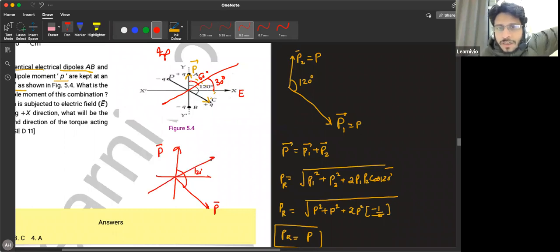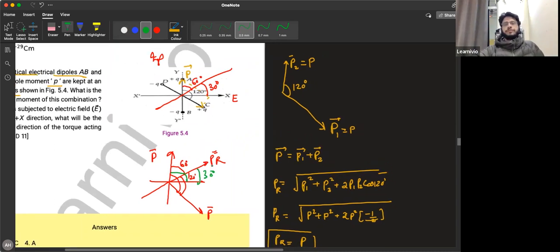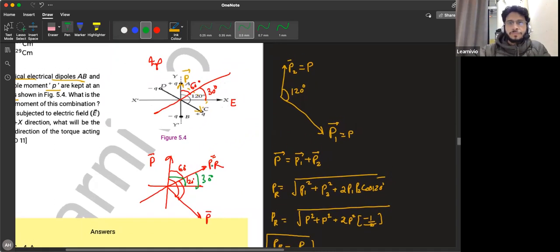So this resultant P will bisect the angle. This angle will be 60 degrees and this angle will be 60 degrees. You got this? Yes, sir. Now, this whole is 90 degrees, right? This is the x-axis and y-axis. This whole is 90 degrees. This is 60, so the remaining is 30. Okay.